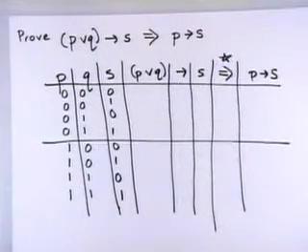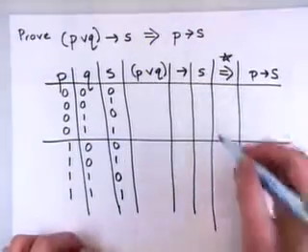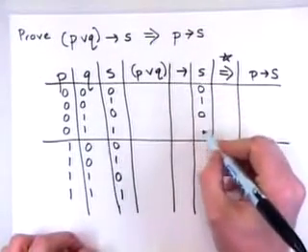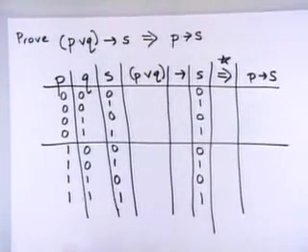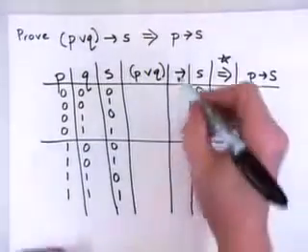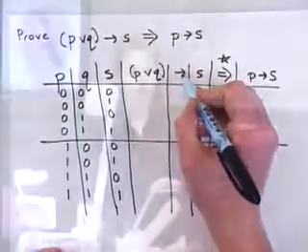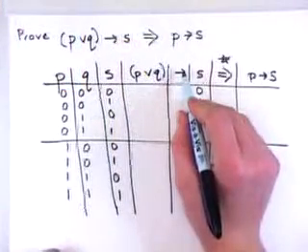I can fill out all the other ones in any order I want. I'll fill out S because I'm just copying it over. Now I'm going to fill out P or Q, because the first implication here comes from these two values, so I need to fill these out before I can fill out this implication.